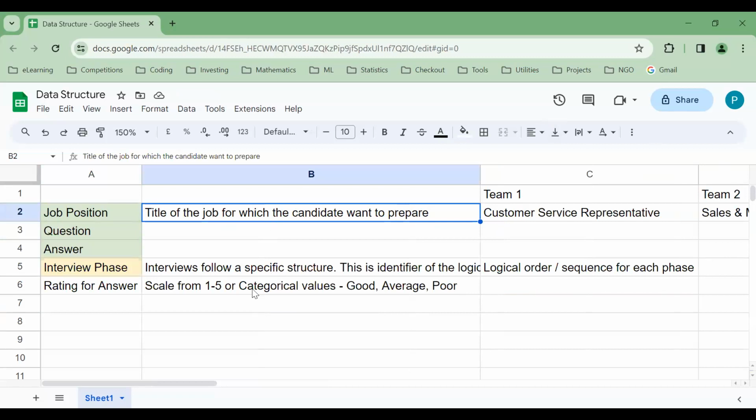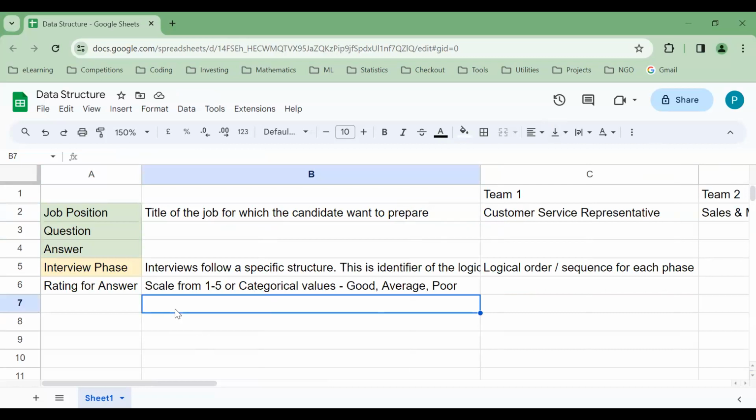My thoughts are, what we suffer from in team 2 is that we have a lot of good answers, but we don't have many bad answers. So that's a problem.